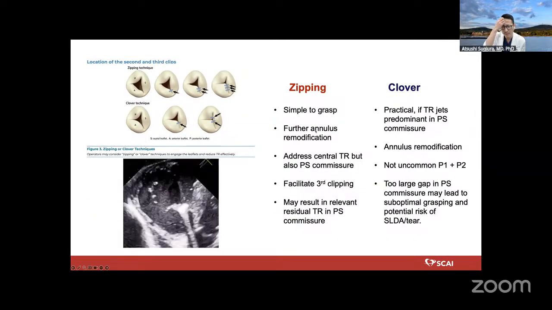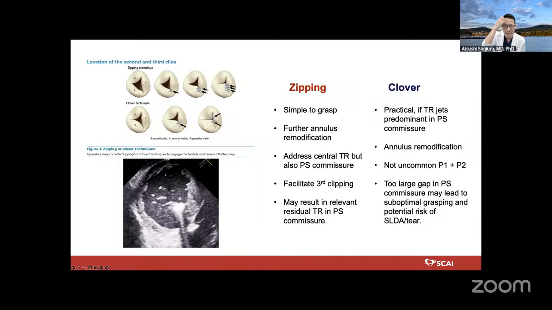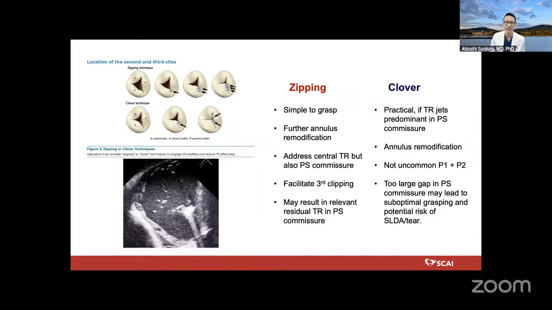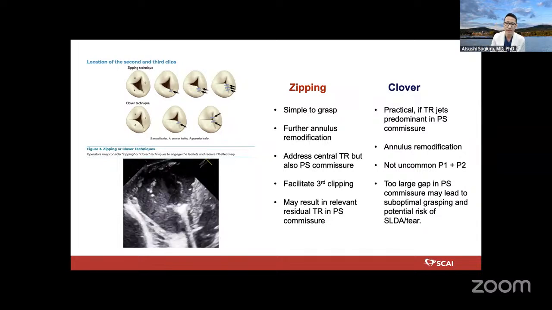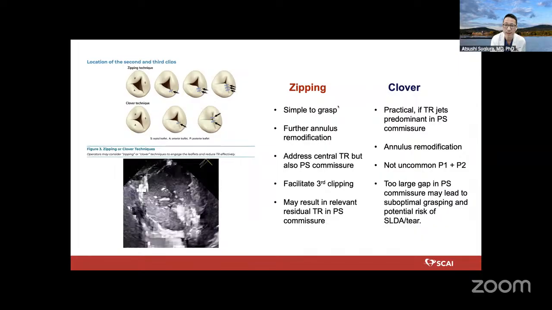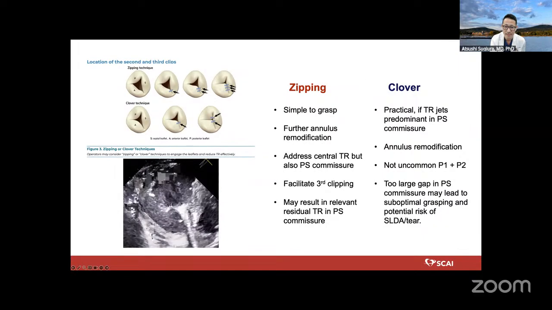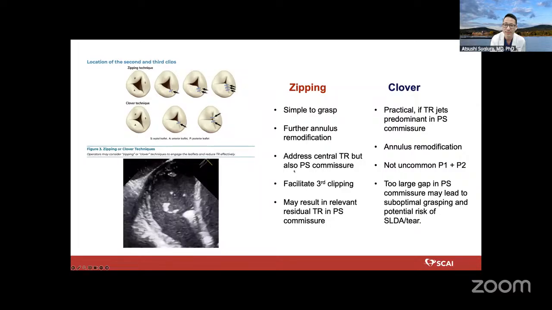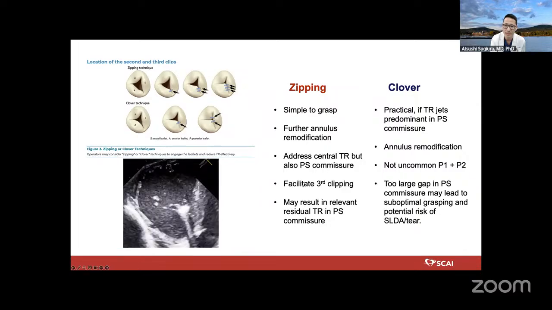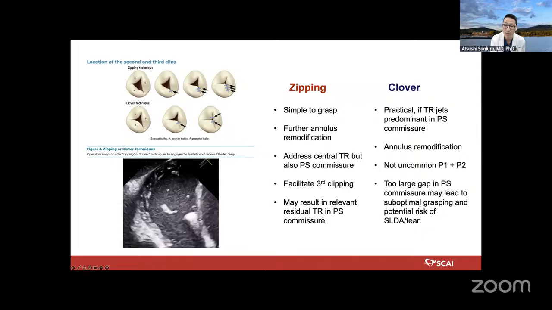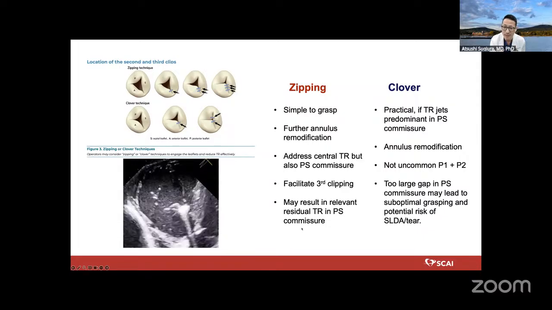So briefly, zipping versus clover. Zipping, I think, is simple to grasp, and even though we are still focusing on the anterior-septal commissure, we will have further annular remodification, which addresses central TR but also the posterior-septal commissure, and also facilitates third clipping.